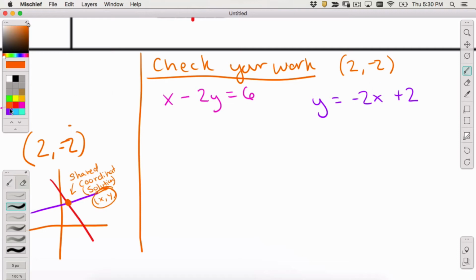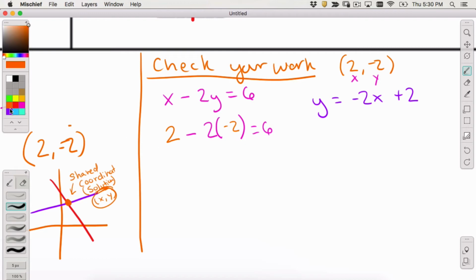And what that's going to look like is that I'm going to put my 2 here, minus 2 times my y value. This is my x, this is my y, times that -2. I'm going to pop it in there, equals 6. Let's see if this works. So I want to do this first. -2 times -2 is going to be a positive 4.